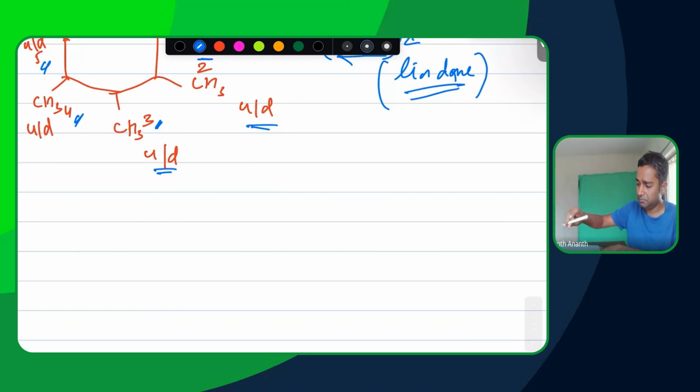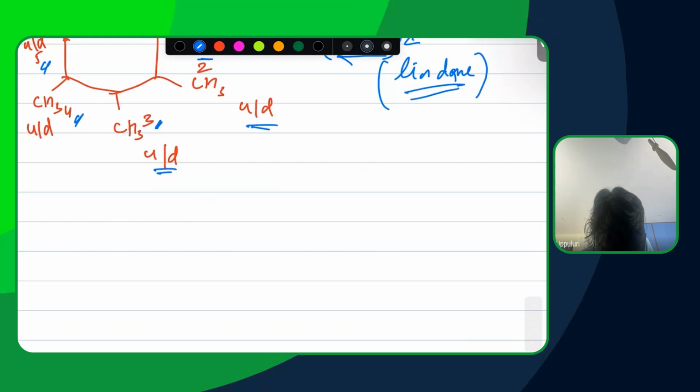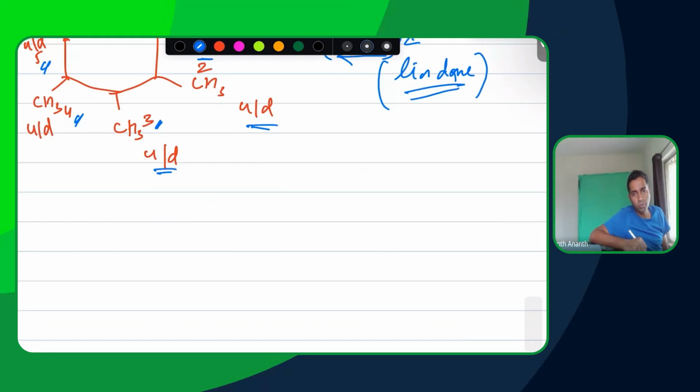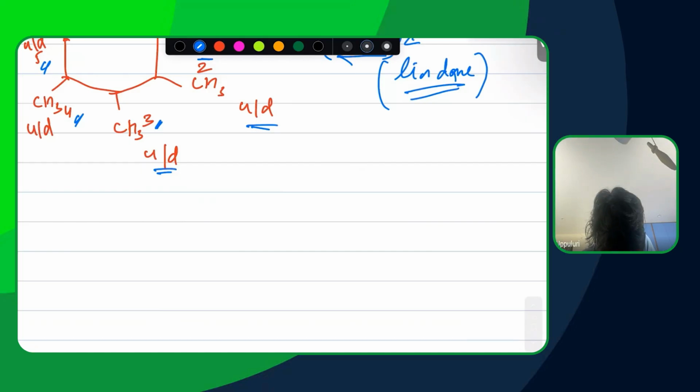We have question 35: how many of the following statements are correct? We have acidic strength mentioned there. First option, is that correct? Which should be the most acidic? The 2 should be the most acidic. Why?